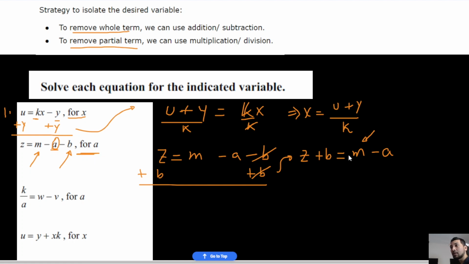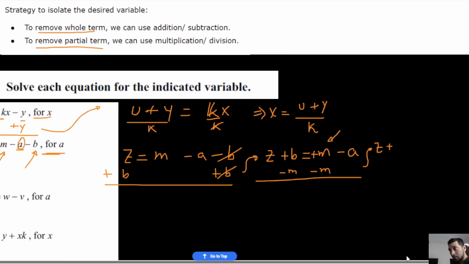So to remove m, the sign in front of m is a plus sign. So we use subtraction. If we subtract, we get z plus b minus m equals, now we have this minus sign in front of a, so that will turn into negative a.